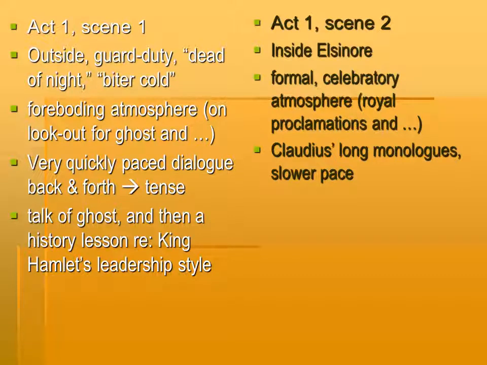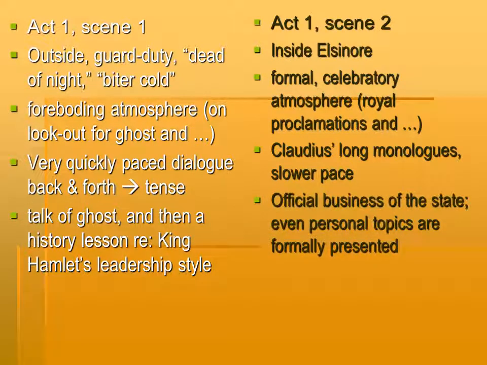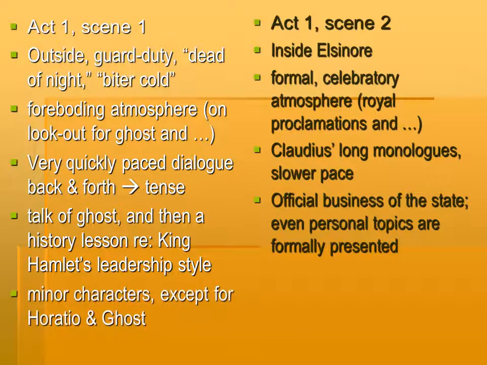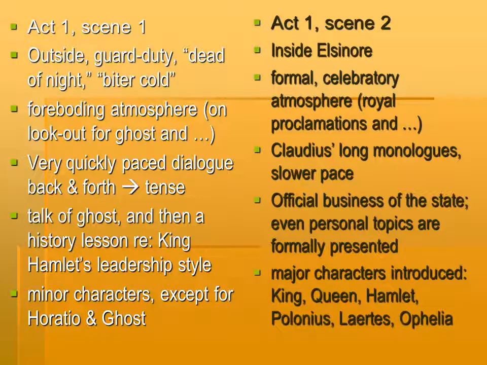And then Horatio gives background information on King Hamlet to further the story along. In Act 1, Scene 2, Claudius, the current king, will deal with official business of the state. Scene 1 introduces minor characters, except for maybe the ghost. And then in Act 1, Scene 2, all of the main characters are introduced.